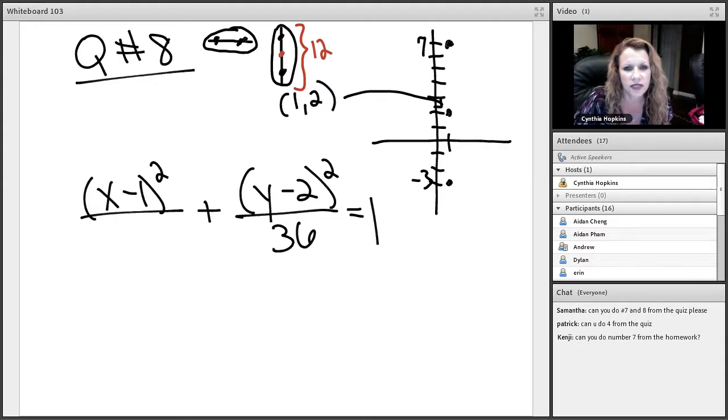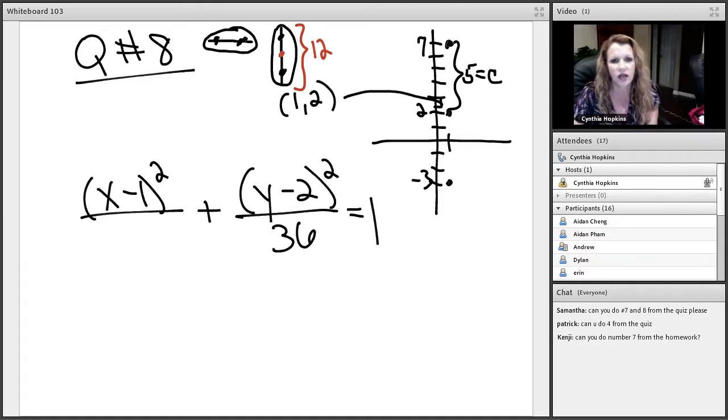Okay, so since this distance from 7 to 2 is 5, that is my c, that we usually have to go and calculate. Well, they told me what it was now that I have found my center, because they told me where those points were. So if that distance is 5 and my y radius is 6, let me continue and put an 8 right here, put a point up there, and then go down one more and put a point right there.